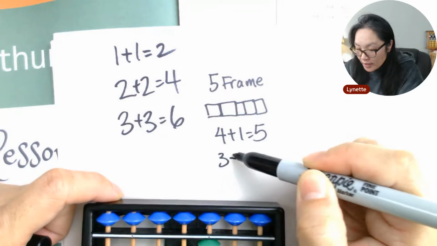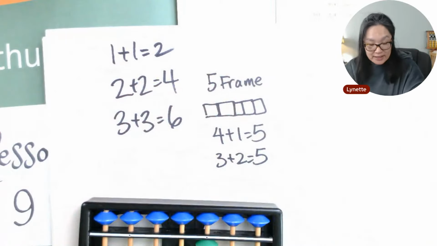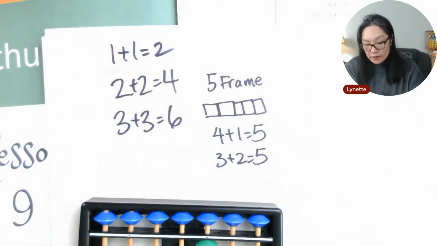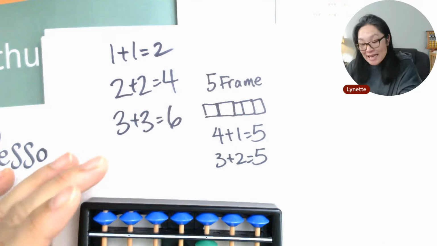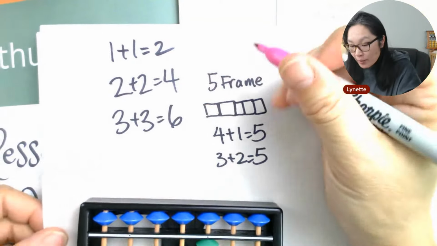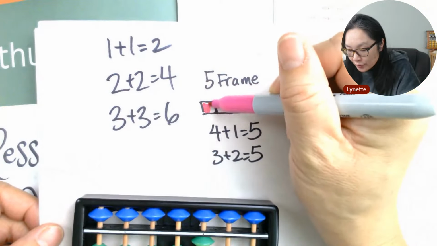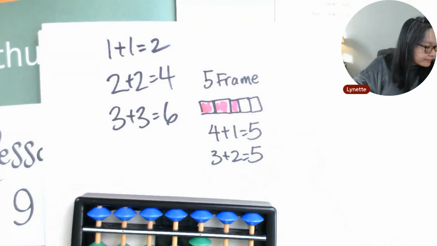We know that 3 plus 2 is equal to 5. So this is great. This is fantastic. But this is the beginner level. In abacus, we actually take it to the next level. We actually take it one notch above. So we know that 3 and 2 are partners.